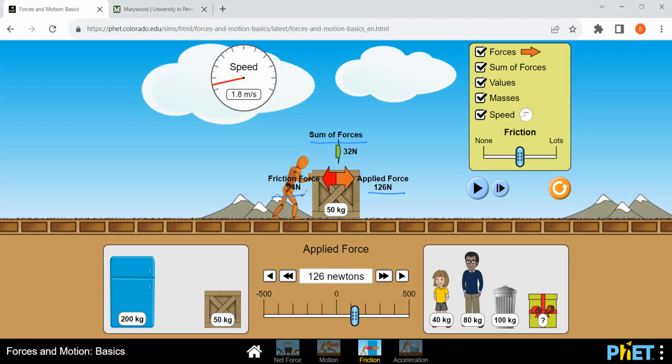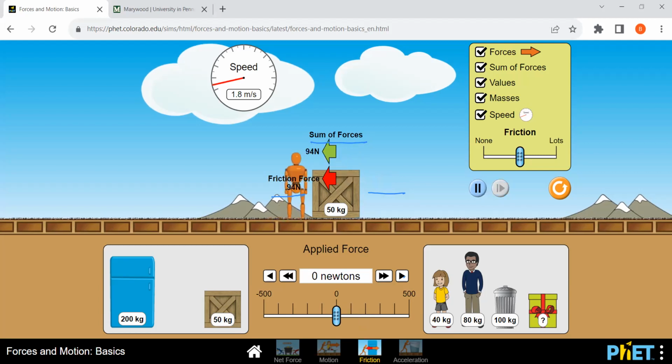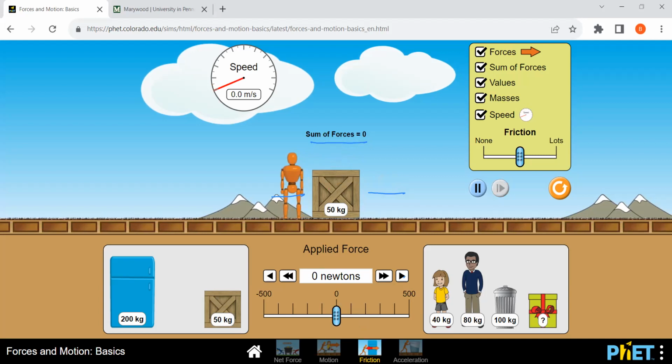The first thing is when we have 126 Newton, it starts moving. So that means 126 means we reach the maximum limit, so we already overcome the friction force. And when we overcome the friction force, it is reduced to 94 Newton.